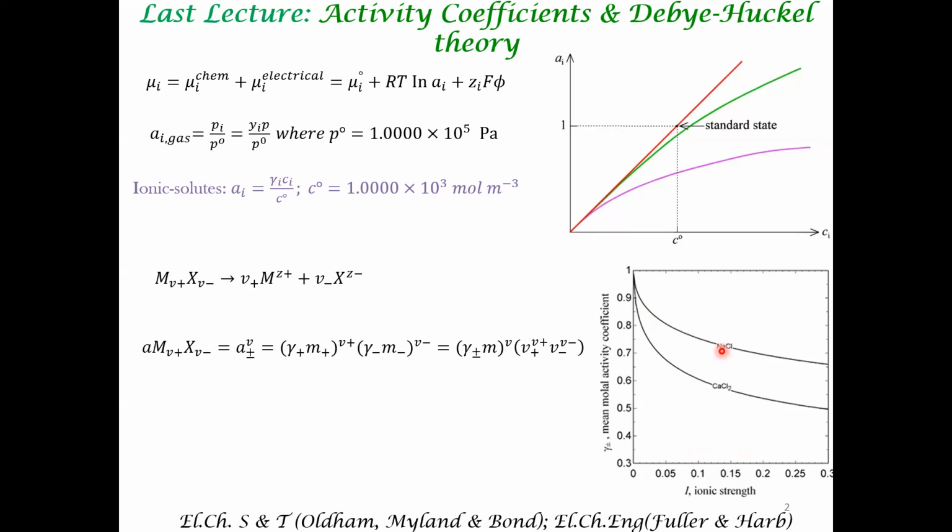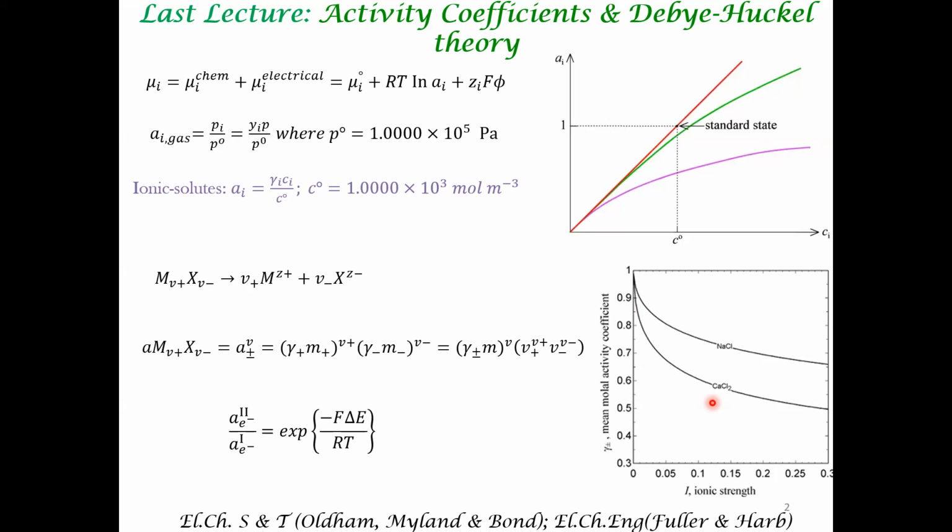So that mean molar activity coefficient is only mentioned here. This is obtained via experiment. It can also be computed for a particular salt, NaCl and CaCl2. So we cannot mention a mean activity coefficient for a particular ion.